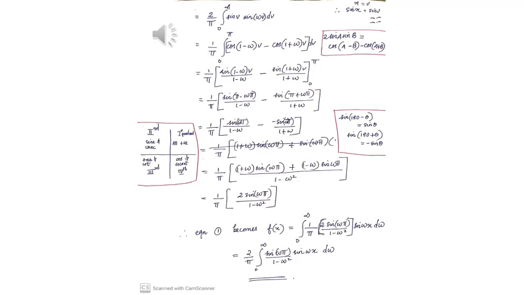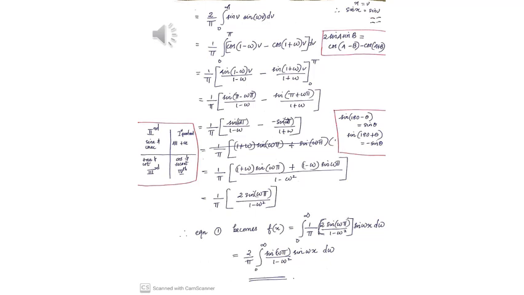So I can go to the fifth step: 1 by pi into sine of pi minus omega pi, which becomes sine omega pi. You can see here sine of 180 minus theta is sine theta, and sine of 180 plus theta is minus sine theta. How does it come? See, I have drawn the quadrants here. In the first quadrant, all the trigonometric functions are positive. In the second quadrant, sine and cosec. Third, tan and cot.